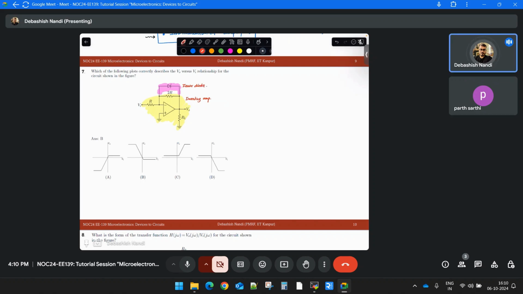So whenever there is a question on Zener diode, what do you keep in mind? What is the transfer characteristic of a Zener diode? Let's say this is VD and this is ID. How should it look?